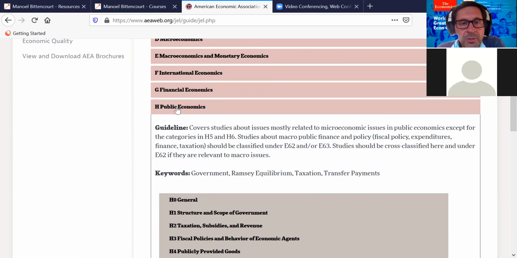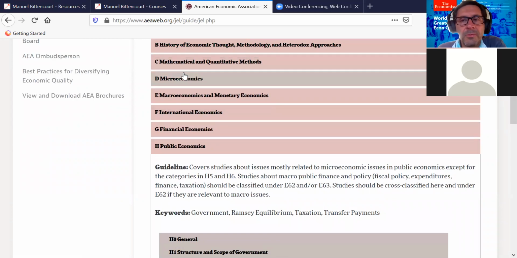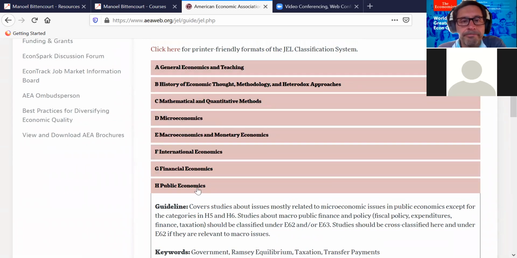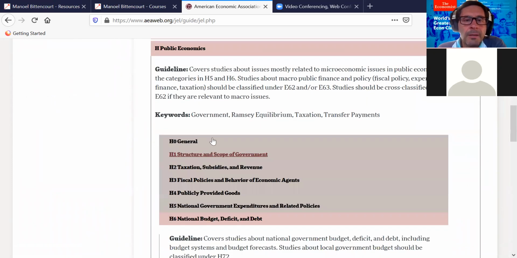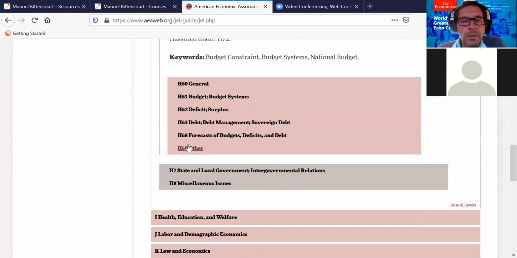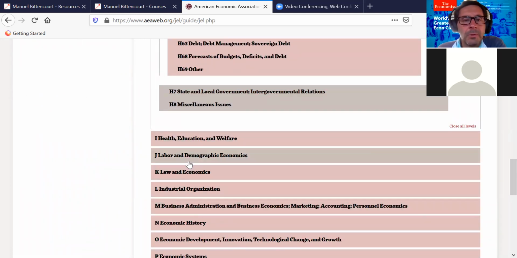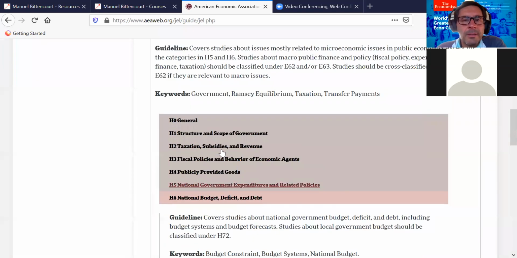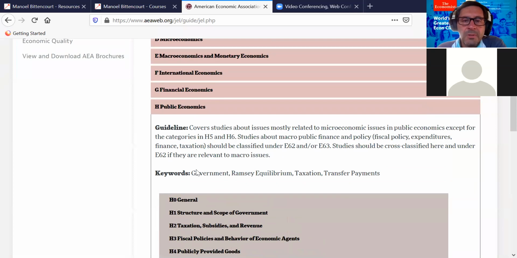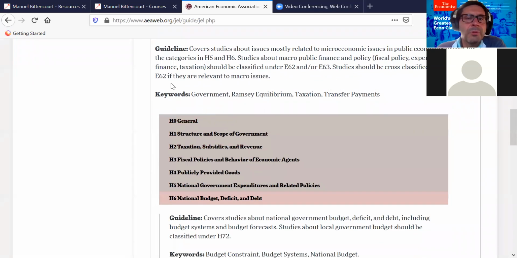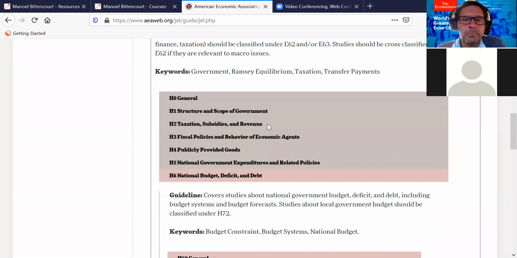The proposal for this paper is a paper which is going to be on public economics, and there you can find all the different fields of economics, right? And down there are more fields, right? Health, labor, law, industrial, IO. This particular one is on public economics, and then you find, I think I put H0, which is general public economics.